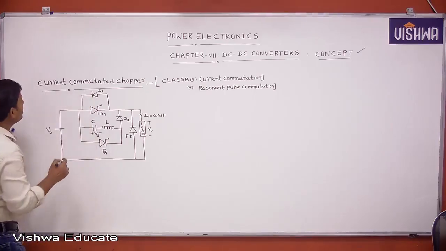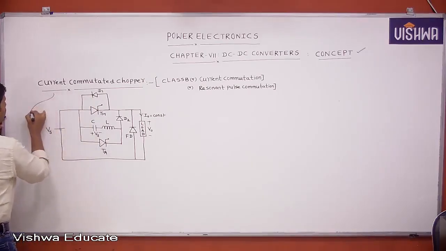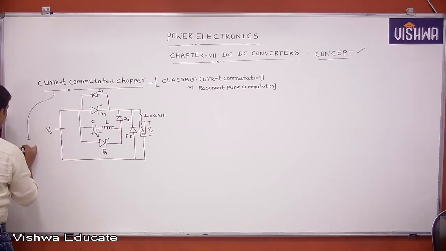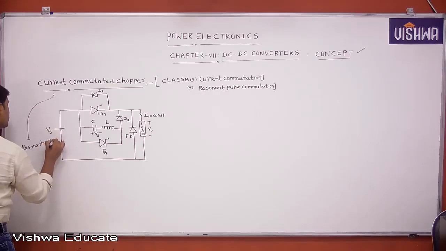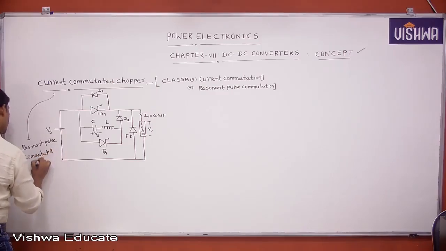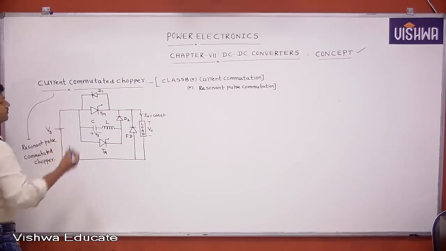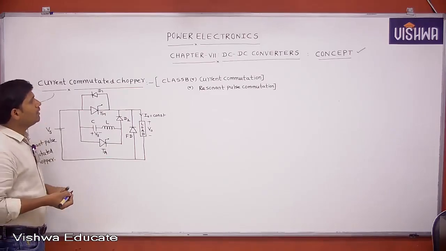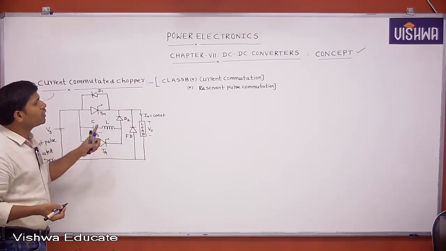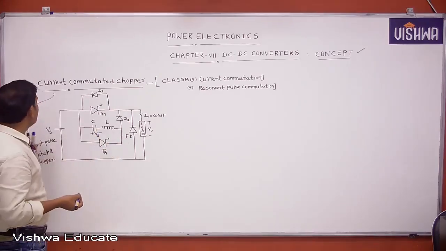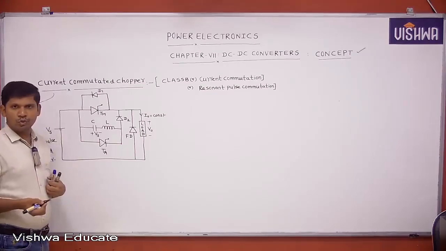Point to remember: this is also called a resonant pulse commutated chopper, because current commutation is also called resonant pulse commutation.